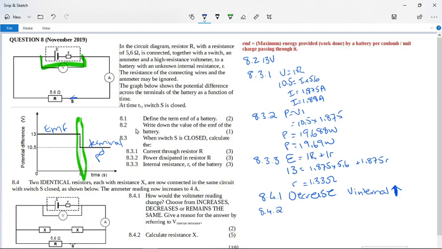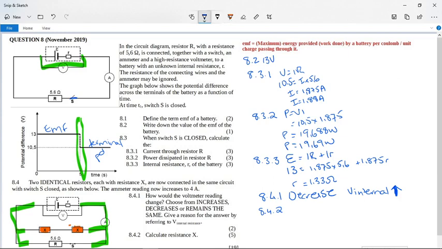So if we have a look here, what is going on here? We have a parallel circuit. Can you see the circuit is branching out and it is a parallel circuit? But these two resistors X, they are in fact in series with each other, okay? So I've got two resistors in series.